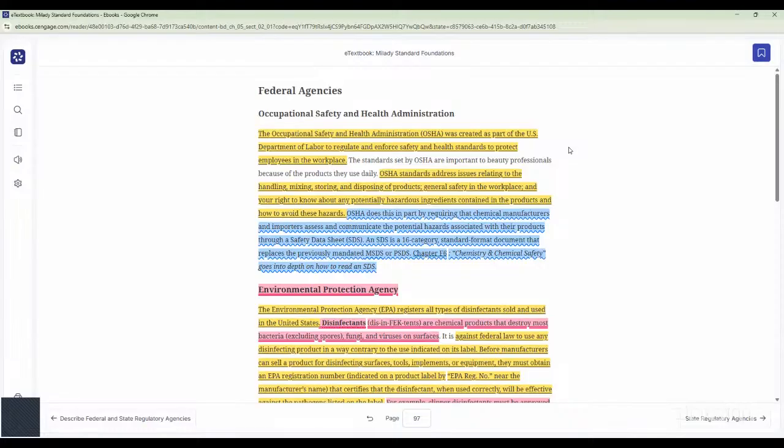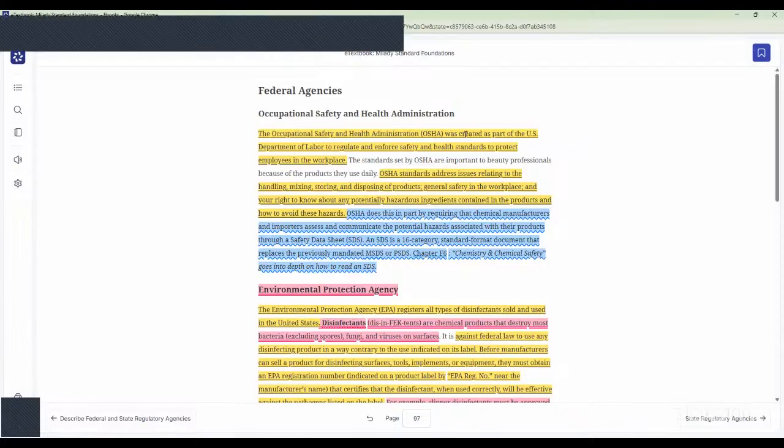You also need to know what it does. It was created as part of the U.S. Department of Labor to regulate and enforce safety and health standards to protect employees in the workplace. All right. That's what it does.